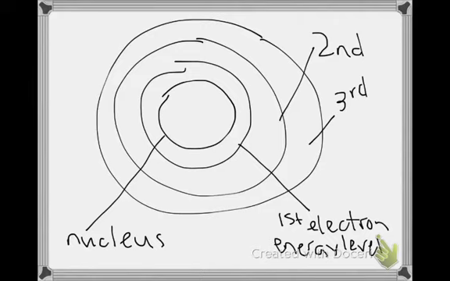Protons have a positive charge and are found in the nucleus. Neutrons are found in the nucleus also, and they have a charge of 0. They have no charge. They're neutral. Whereas electrons have a charge of -1, so we represent those with an E and a minus sign next to it.